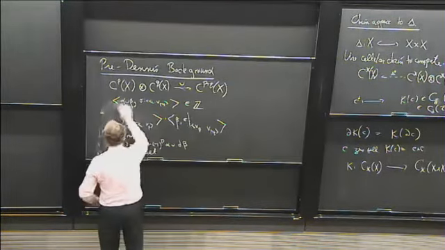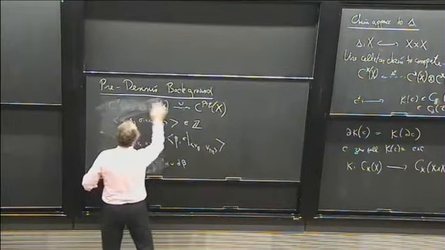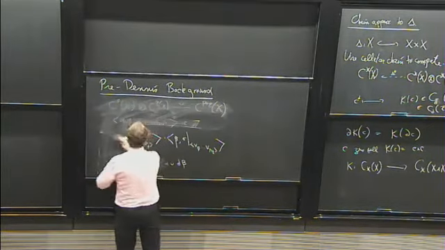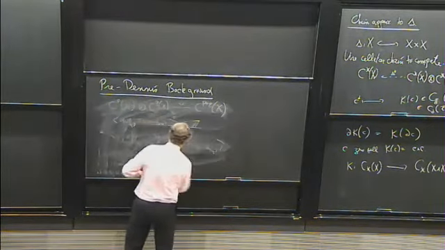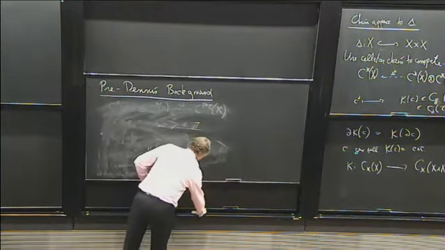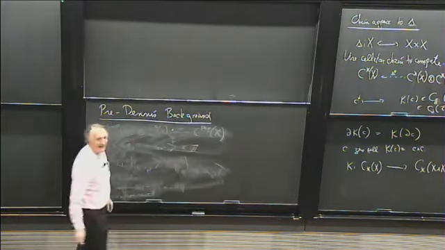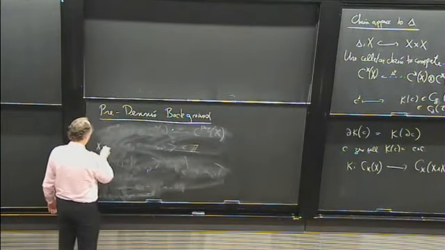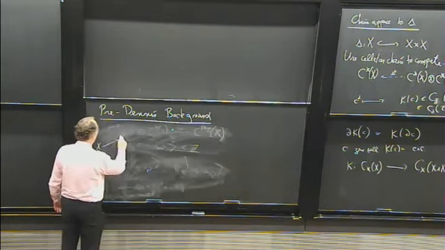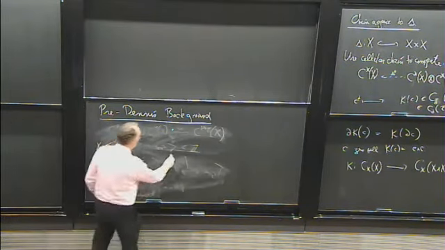So Steenrod observed that this was just the beginning of an infinite process. So let's think pictorially of the chain approximation to the diagonal as a dot. So the dot is really a cellular map of X into X cross X. Okay? And then I have the switch of factors.